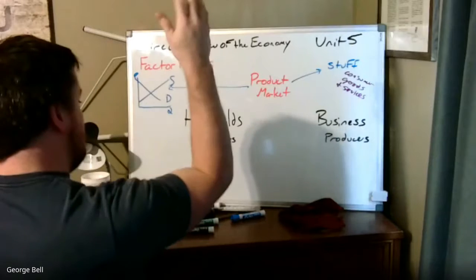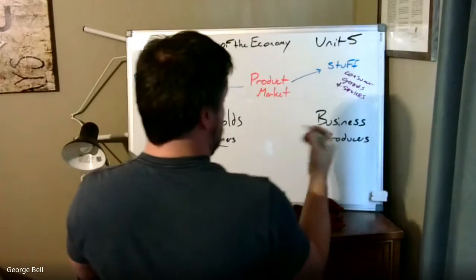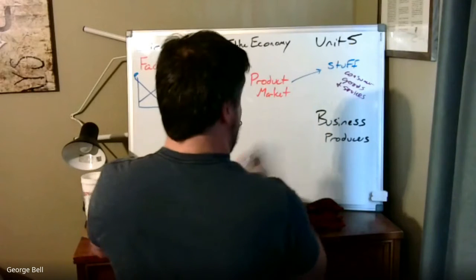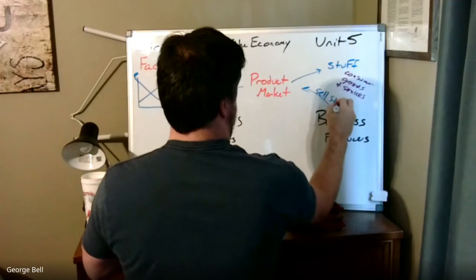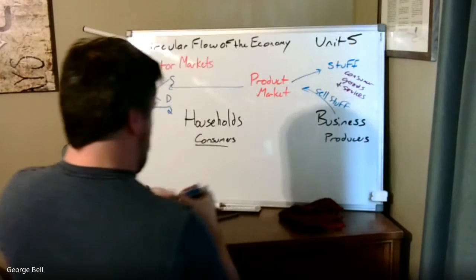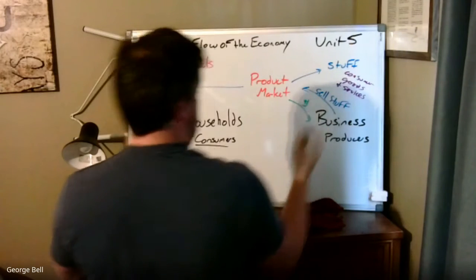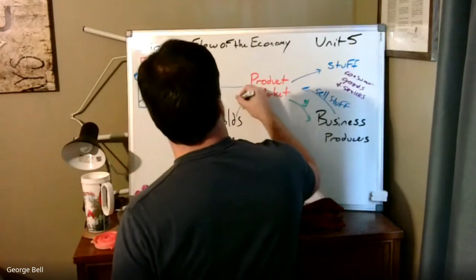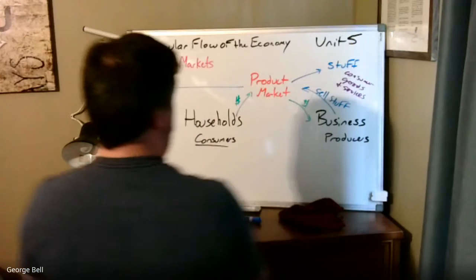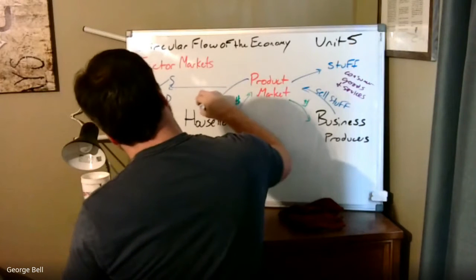And then what we know is that businesses sell stuff, and businesses sell stuff in the product market so that they can then make money. We, the people, we buy stuff in the product market because we want stuff.